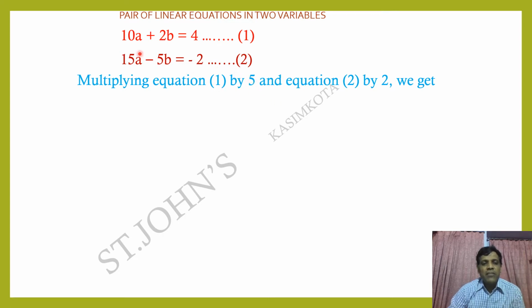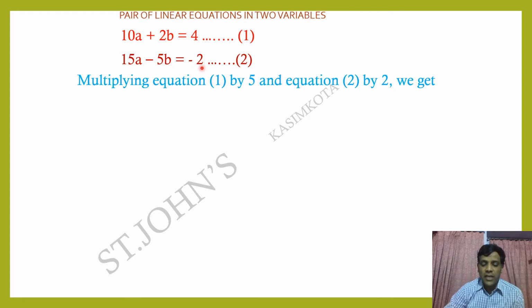First equation is multiplied by 5: 5 into 10 is 50, 50a, 5 twos are 10b, equal to 5 fours are 20. Second equation is multiplied by 2: 2 into 15 is 30, 30a, minus 2 into 5b, 10b, equals 2 into -2, -4. Are they clear?